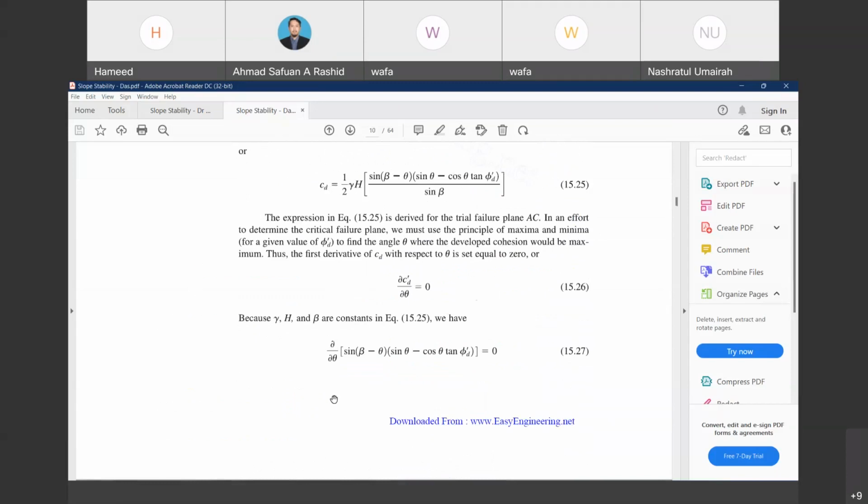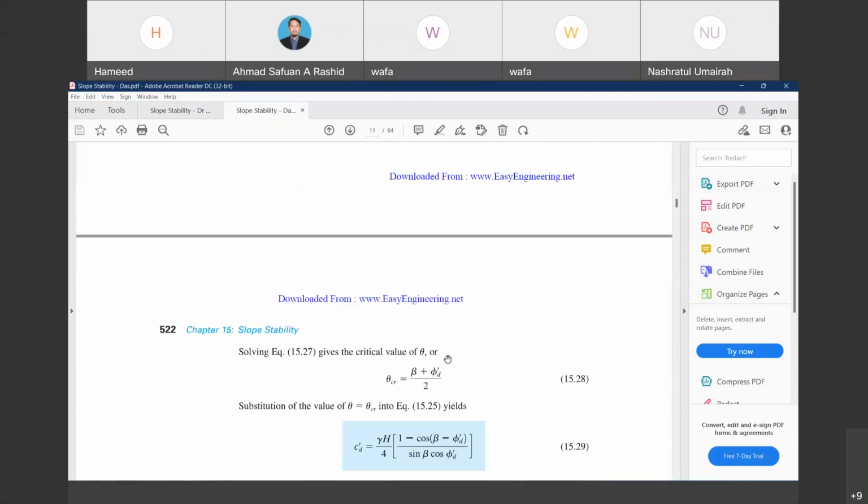Now, to get the value of theta, I am also not pretty sure how they get the theta value. The first derivative of Cd with respect to theta is set equal to 0. So they put this as 0, then they do the calculation to determine theta.